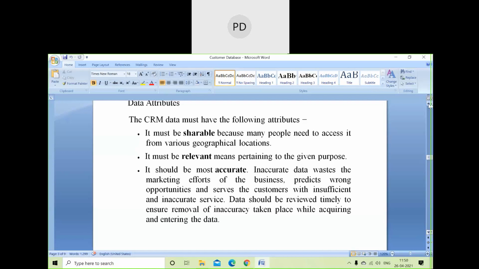If it is not relevant and accurate, what might happen is that we might target a different group of customers. We might give some wrong opportunity, we might predict some wrong opportunities, serve the wrong customers in an insufficient and inaccurate manner. Okay, so that is why always the data should be accurate and relevant.